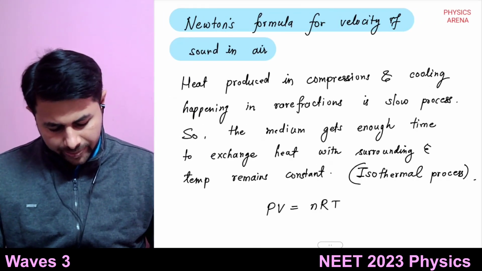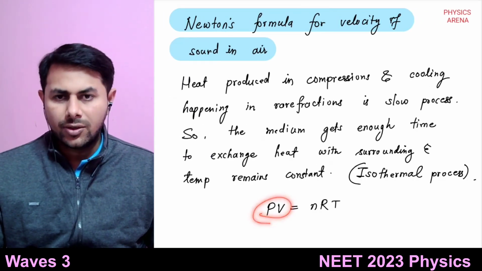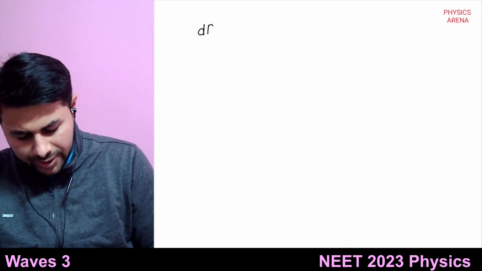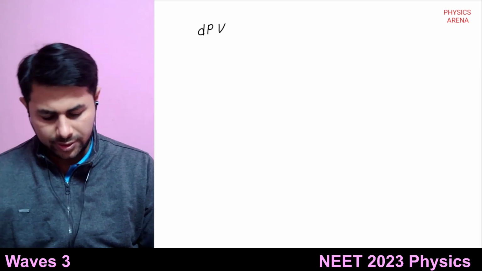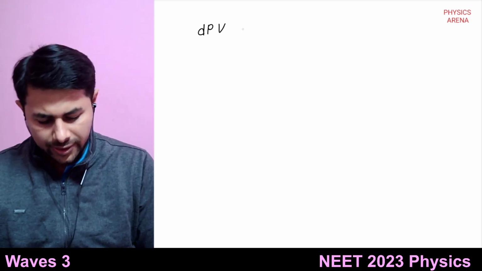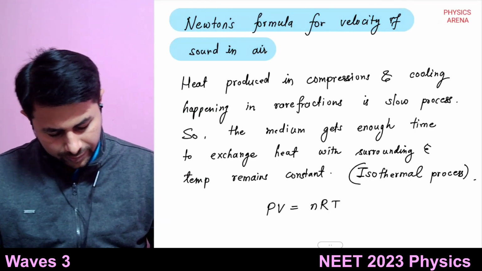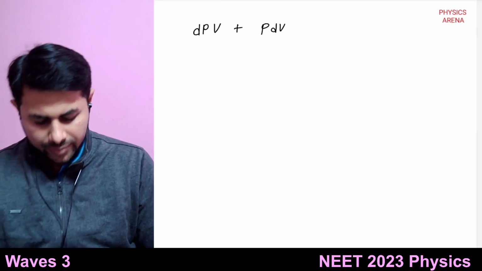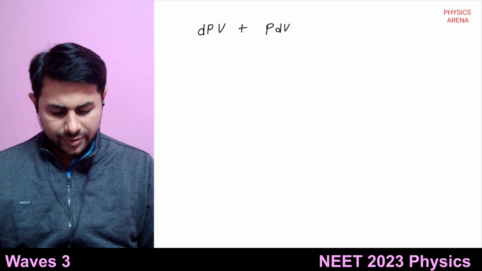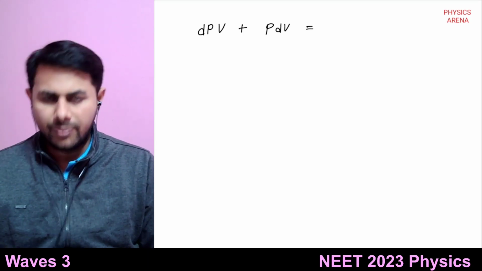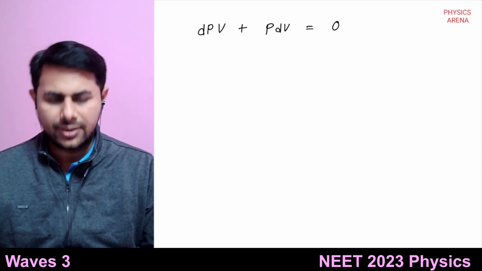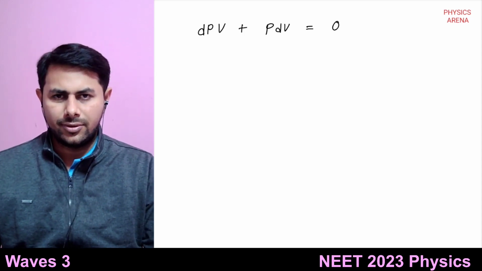So now if you differentiate this equation, what happens? It is dP into V. The pressure is changing, volume is not changing, plus, pressure kept constant, plus PdV. And if you differentiate the right hand side, because temperature is constant, the right hand side is equal to 0.